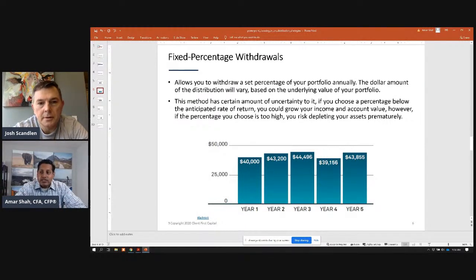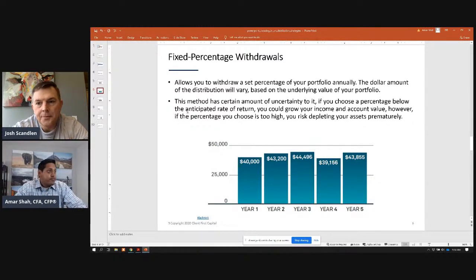The downside is it's hard to articulate your expenses on that basis, because they change every year. For most people, if they're planning to take a trip or do anything like that, you're not going to be able to sustain a fixed percentage year in and year out.